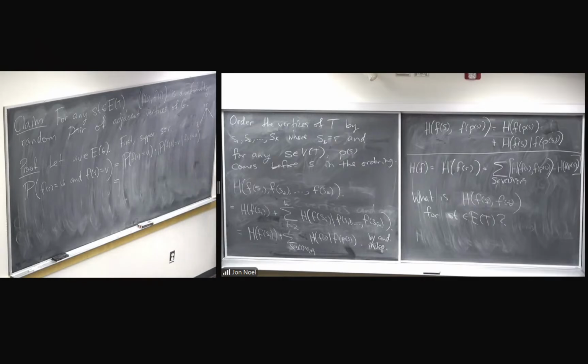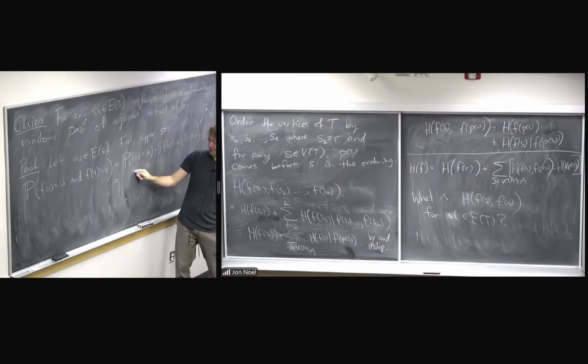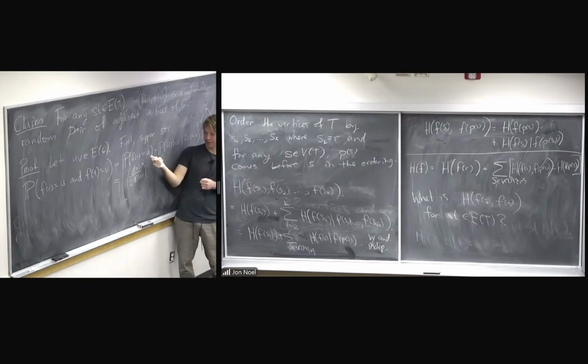Now I can substitute for these two things. The root had some special distribution. It's just the degree of u over 2 times the number of edges. That was the first step of our random choice: for any vertex, the root maps to that vertex with this probability.